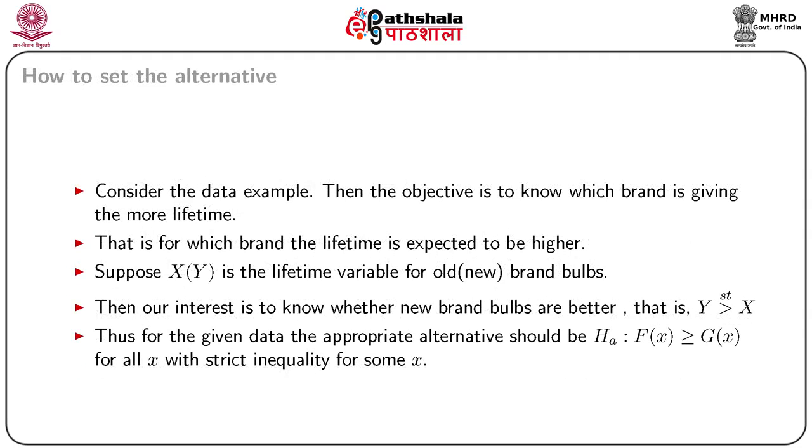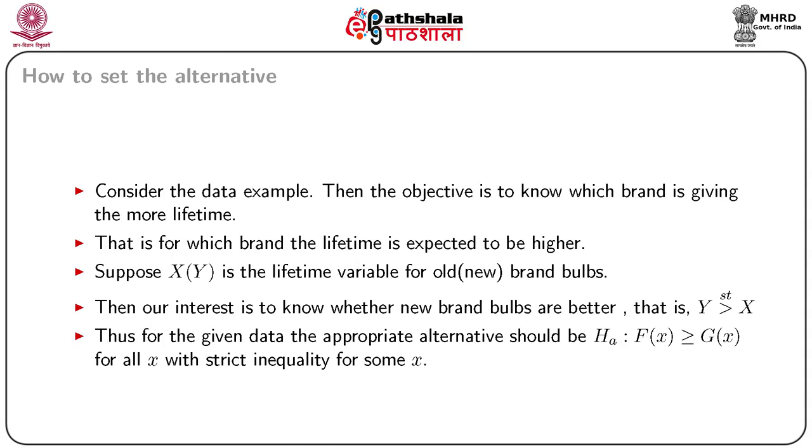However, setting an appropriate alternative depends on the dataset. For the given example, the objective is to know which brand is giving the more lifetime. That is, for which brand the lifetime is expected to be higher. Suppose X and Y are respectively the lifetime variables for the old and new brand data.